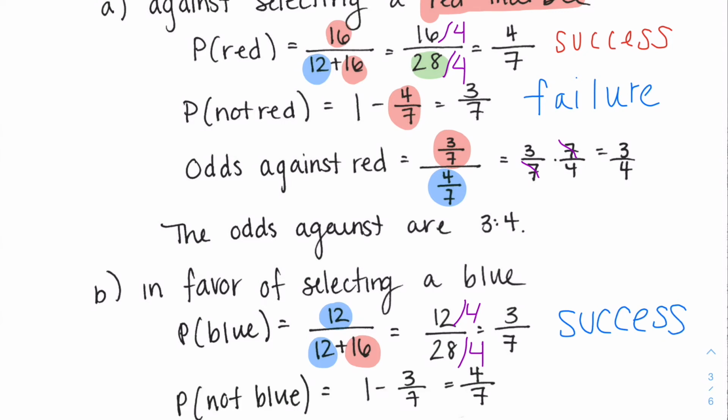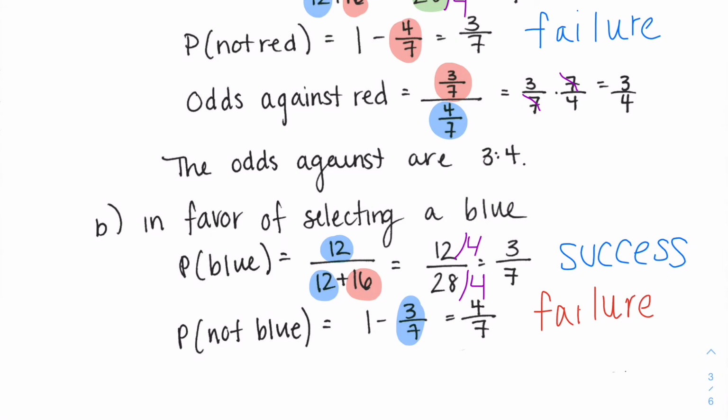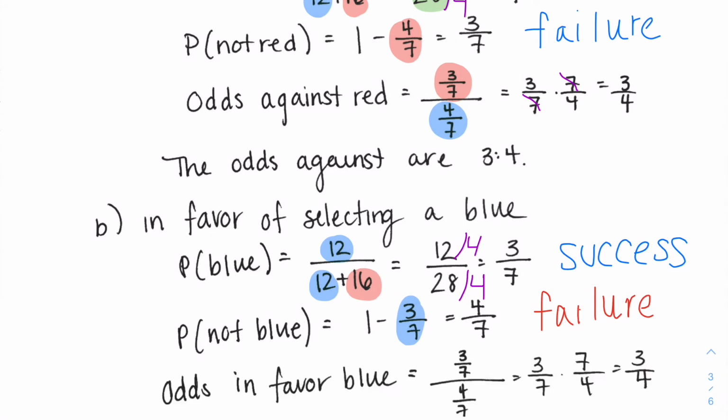Now we need to look at the probability of not a blue. So we take 1 minus the probability of blue. And so we have a 4 in 7 chance of this event being a failure. So what that means is, again, you're selecting a red marble. That's how you would fail it. So the odds in favor of selecting a blue are the success divided by failure. So here's our success.